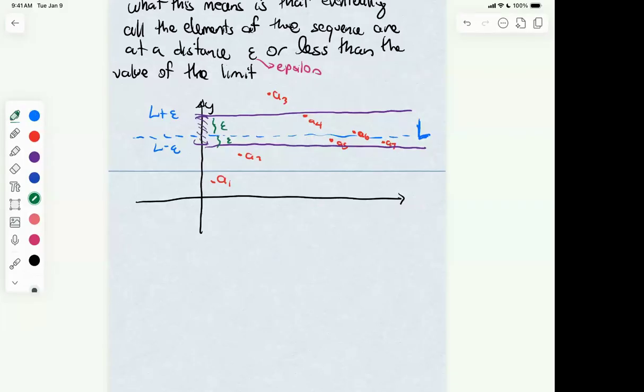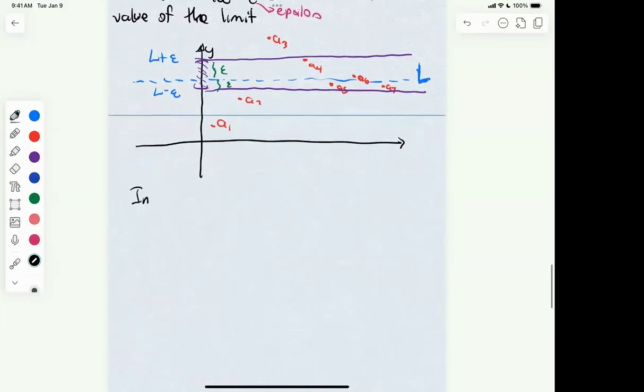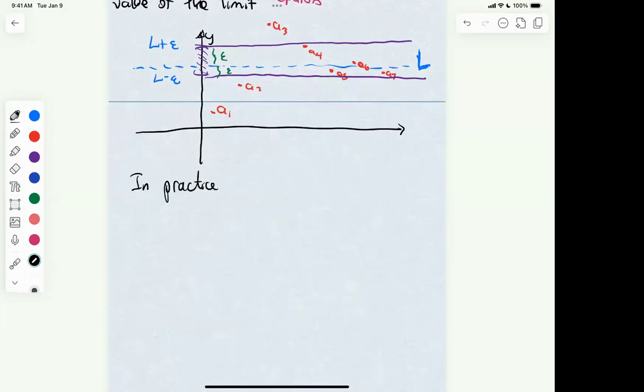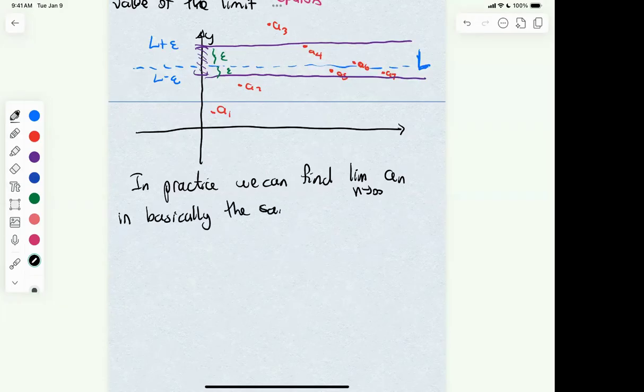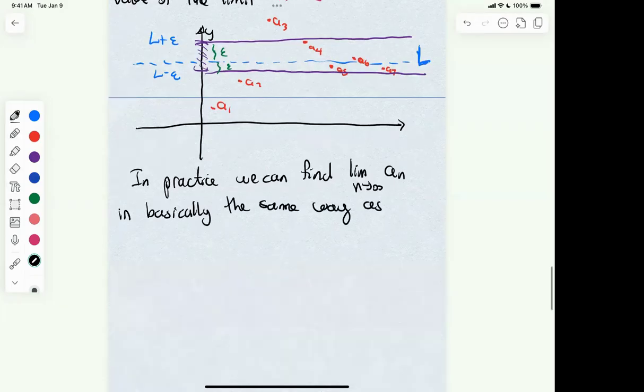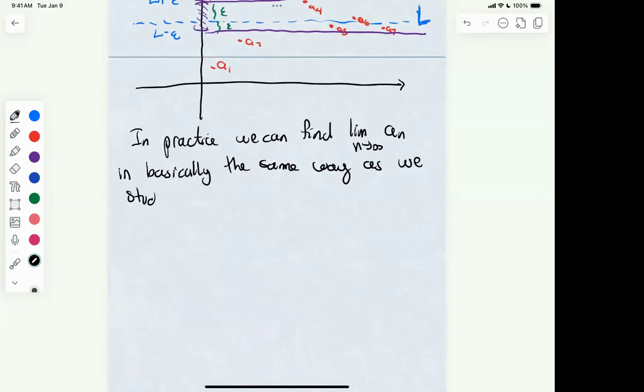Now, in practice, we can find these limits, the limit as n goes to infinity of a sub n, in basically the same way as you would find the limit as x goes to infinity of f of x in Calc 1.